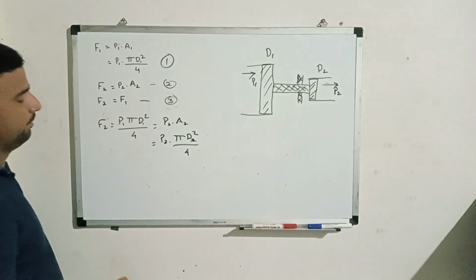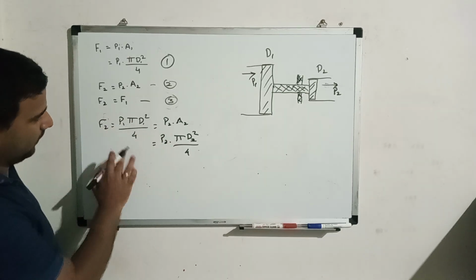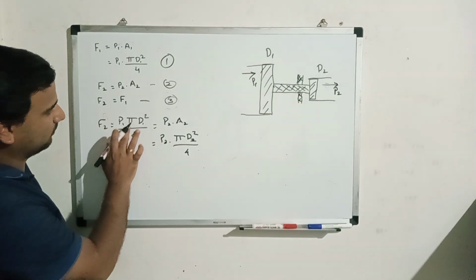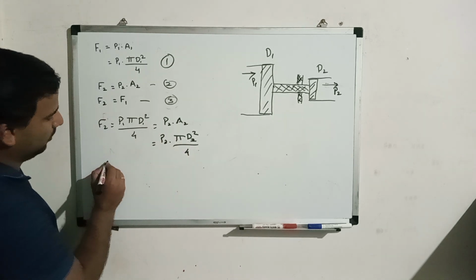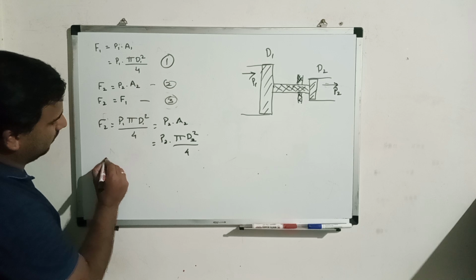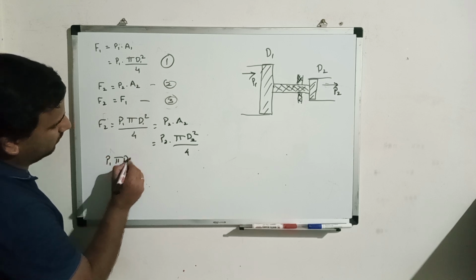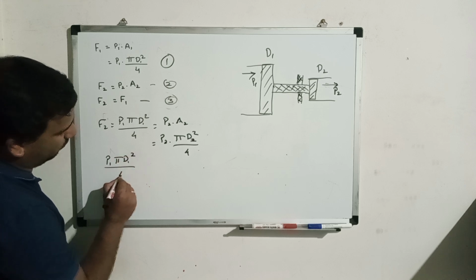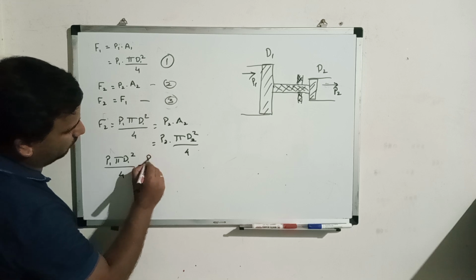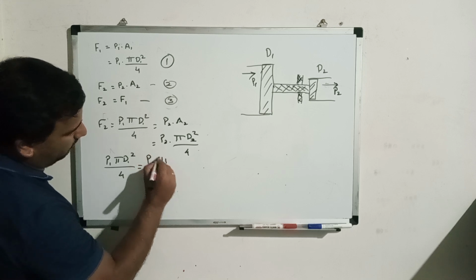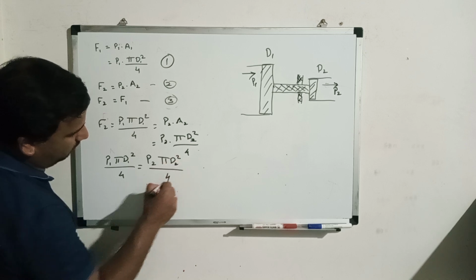So F2 is equal to F1. From that I'm getting P1 times pi d1 square upon 4 is equal to P2 times pi d2 square upon 4. Let's write that down: P1 times pi d1 squared upon 4 is equal to P2 pi d2 squared upon 4, right?